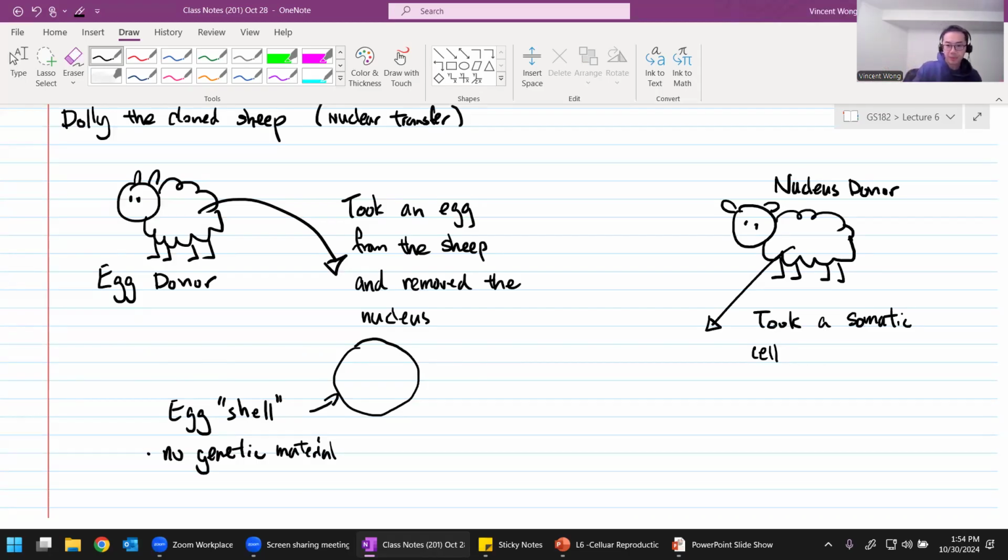All your cells in your body have a full set of chromosomes, except for the sperm or egg.